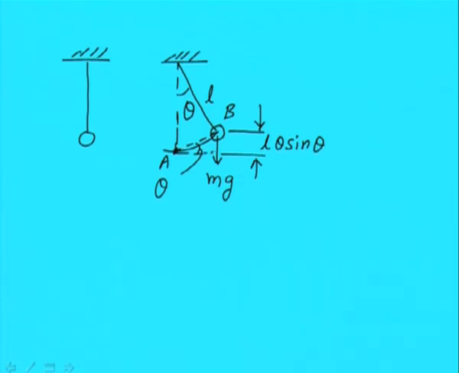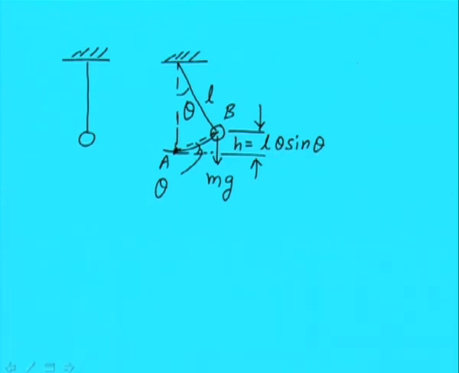So this particular height H will be AB into sin theta, so H is L theta sin theta.